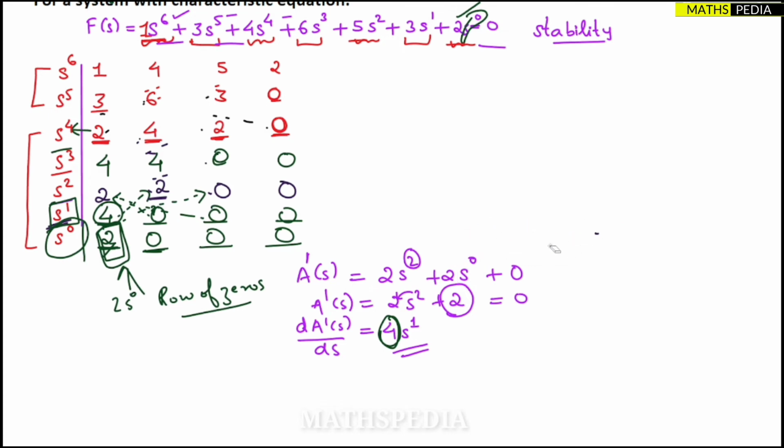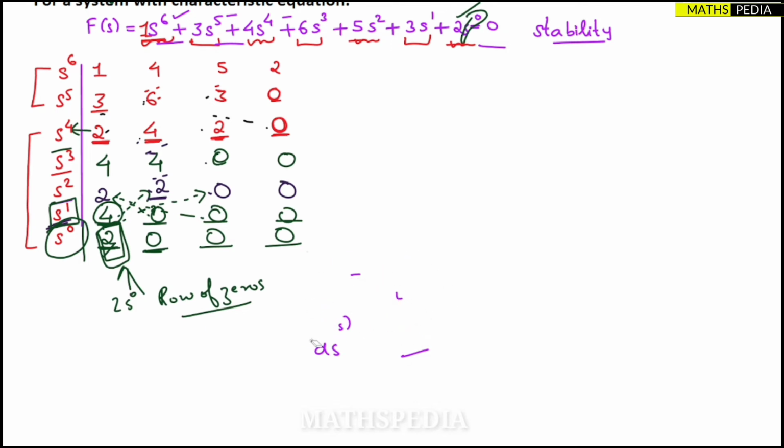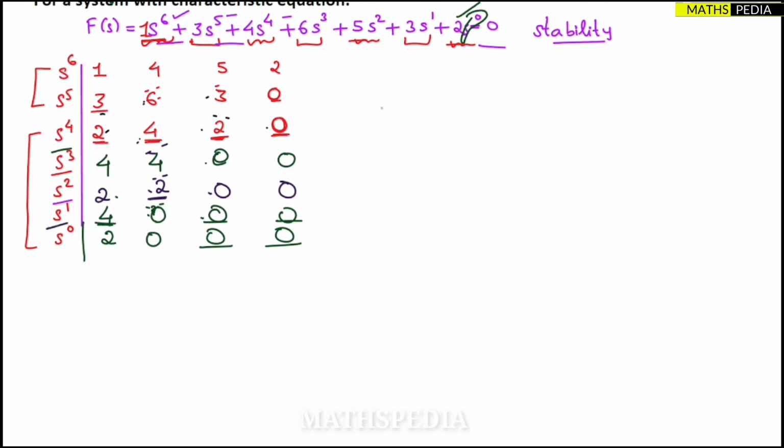Okay, so in order to identify that, we have to see the roots of the auxiliary equation. So whenever we are getting this type of problems, we can say that no root is located on the right hand side of the s plane because there is no sign change.